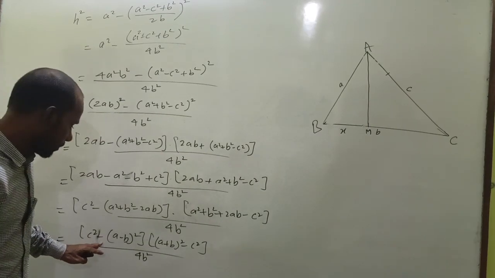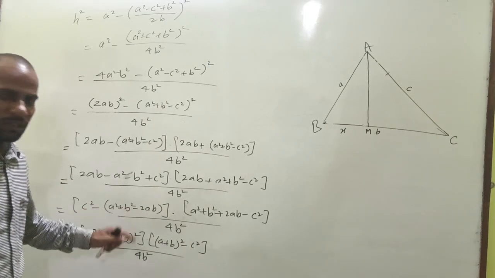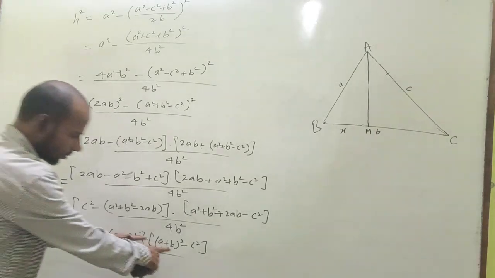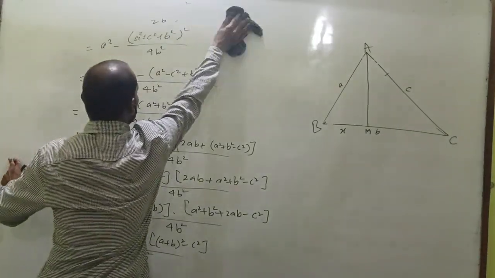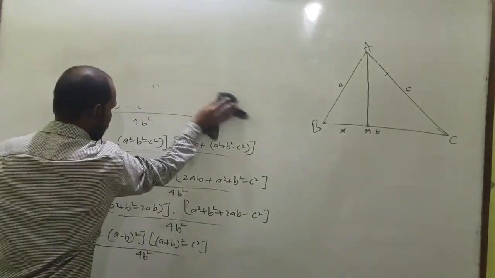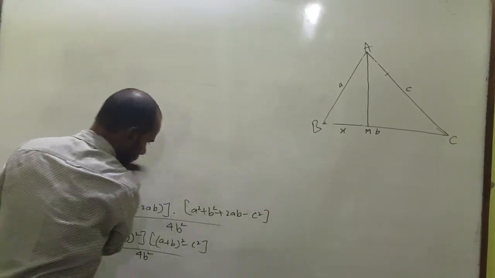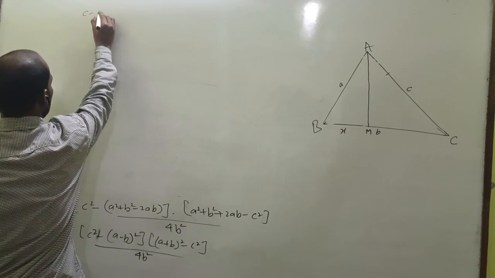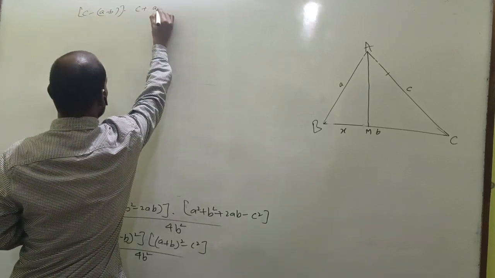Now again we will use the same formula, a square minus b square is equal to a minus b into a plus b. So we will factorize this into two factors, and this one into two factors. Here we will write the next line, or the formula is this one, that is c minus a minus b, c minus a minus b into c plus a minus b.